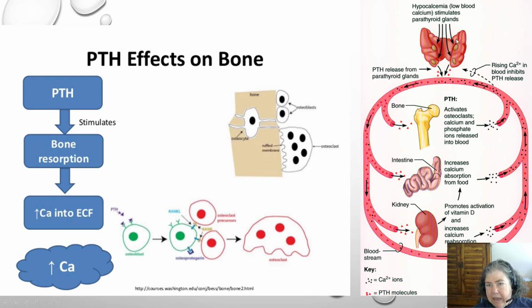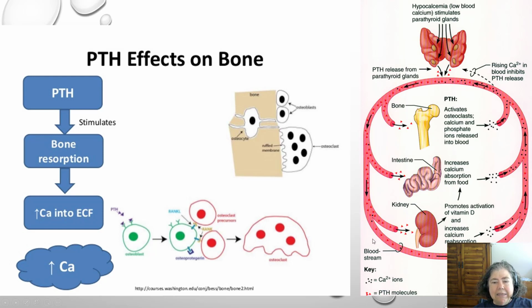This slide is showing the parathyroid glands with hypocalcemia, low blood calcium levels, stimulating the production and release of parathyroid hormone. That parathyroid hormone travels to bone, where it activates the osteoclast, releasing calcium and phosphate into the blood. It acts on the intestine, where it increases calcium and phosphate absorption from food.